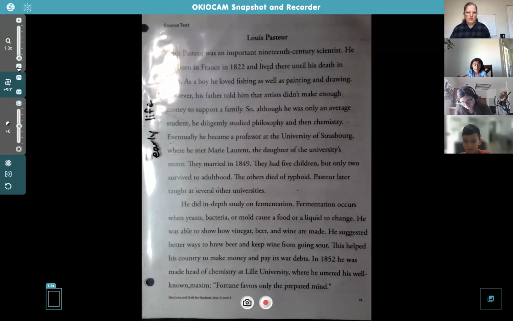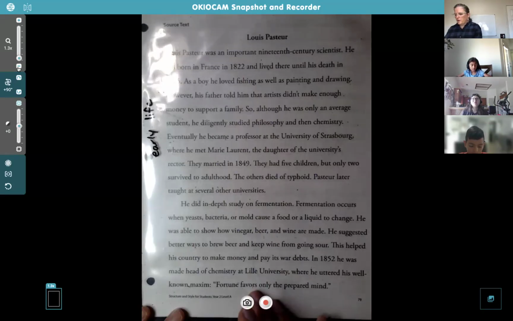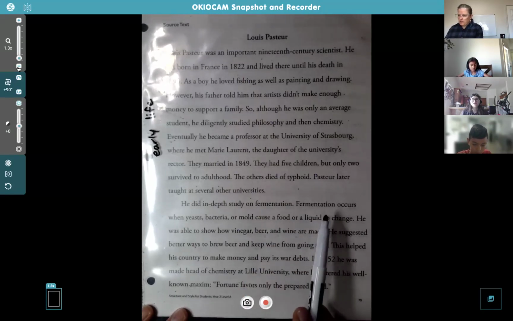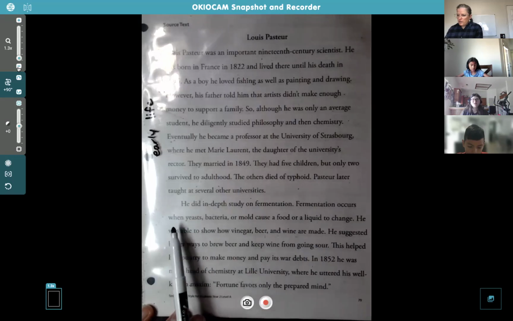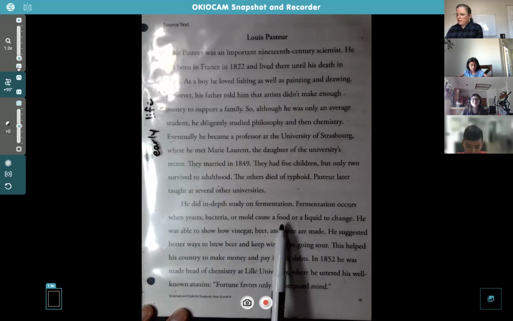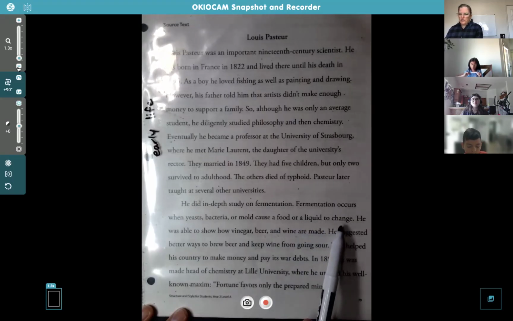Anyway, it's actually a good bacteria. Bacteria can be good or bad. You've probably heard that before. Yogurt has good bacteria, but rotten meat has bad bacteria, so you have to know the difference between the two. Okay, so fermentation is the process. Fermentation occurs when yeasts, bacteria, or mold cause a food or a liquid to change.